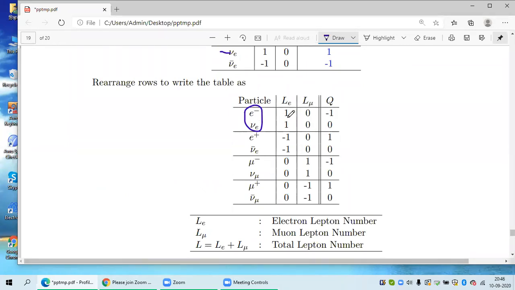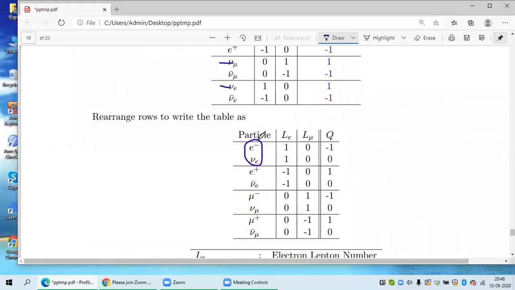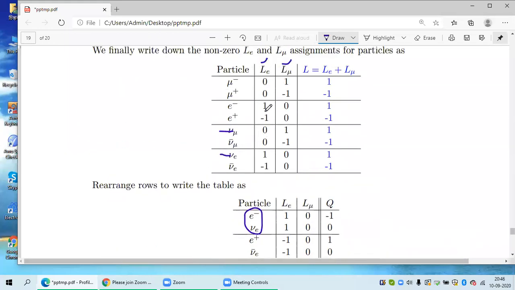So Le mu is the same for the electron and this kind of neutrino. What differentiates these two is electrical charge only: -1, and this is neutral. Similarly for this. That's why we say for every charged lepton there is an associated neutral lepton, or neutrino, which has the same set of Le mu values. The only difference is in the charge.